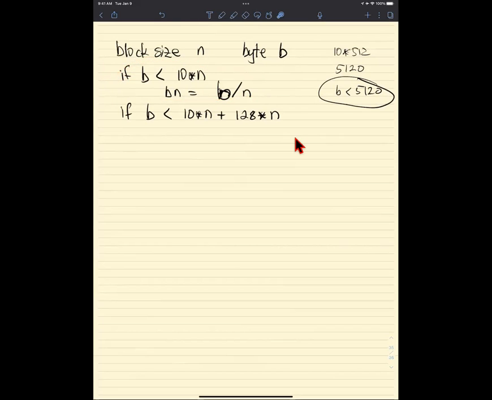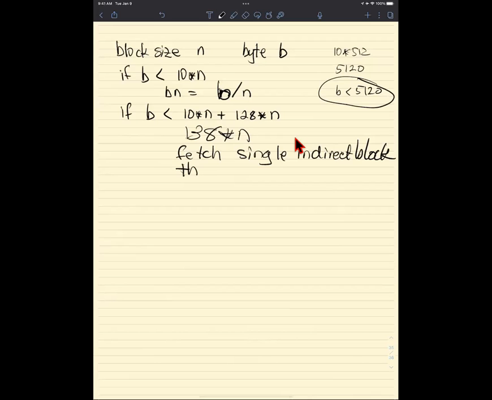If it's more than 10 times n and less than 10 times n plus 128 times n, or let's write it down, 138 times n, then you fetch the single indirect block, then find which pointer in that block is the right one. And what is the math for that, please?